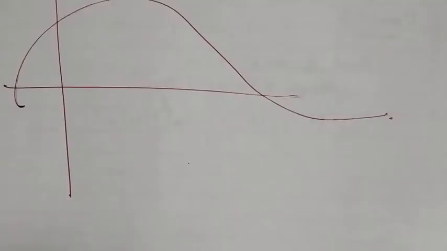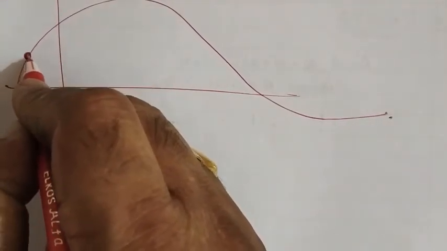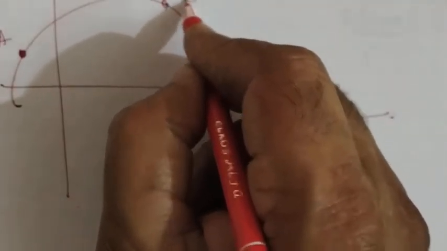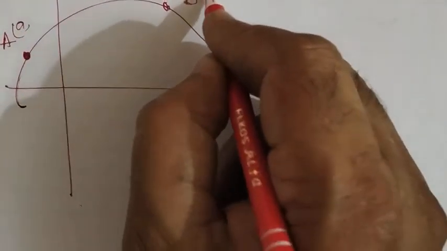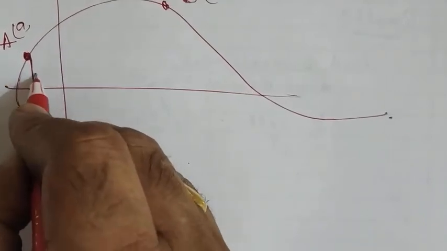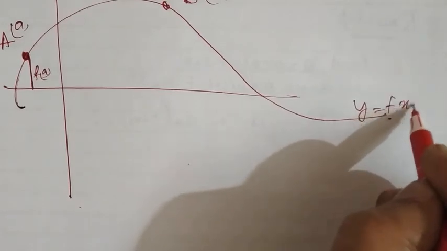Now here let this be the graph of a function. Let me take 2 points on the curve. This is A and here is B. Let the x coordinate be A and the x coordinate of B be B. So obviously the y coordinate is f of A because the curve is y equal to fx.